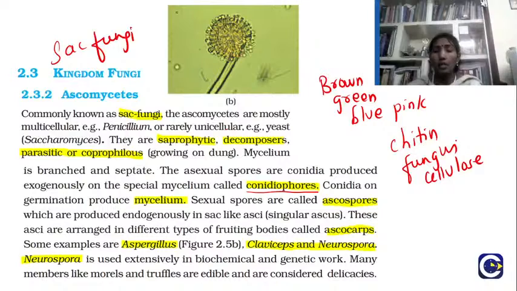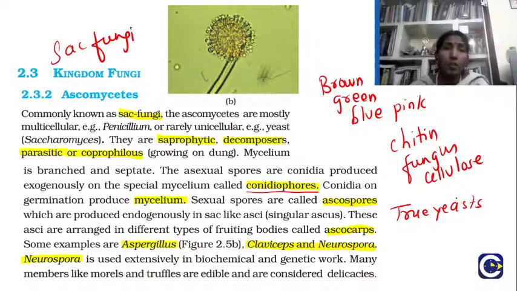Then in yeast, asexual reproduction is most commonly by budding and fission. We already saw that, so it is very common. You need to remember that. As an example of these Ascomycetes, we can remember yeast. We have what is called true yeast, yeast with ascus formation. Yeast which has no ascus formation we call false yeast.